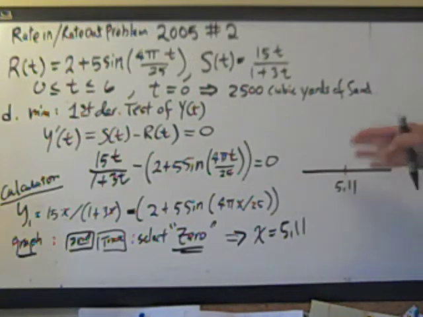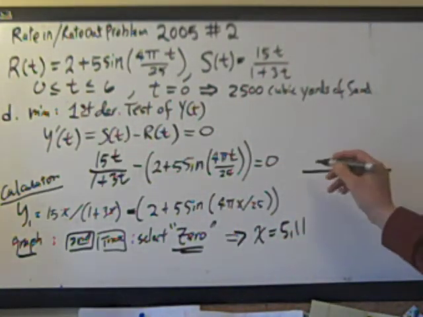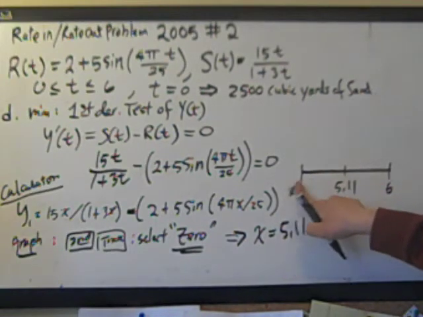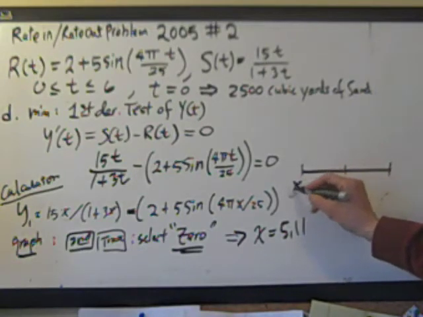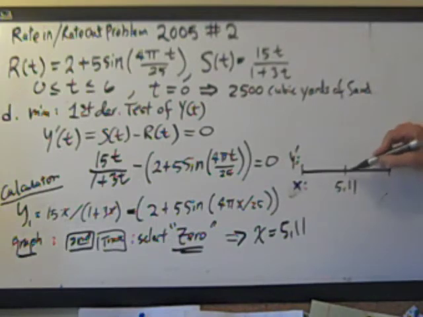Granted, maybe there's some other zero somewhere else, but notice our domain is only from 0 to 6. So between 0 and 6, that's my critical point. This is where my x is, and this is where my y prime is. And at 5.11, my y prime is equal to 0.